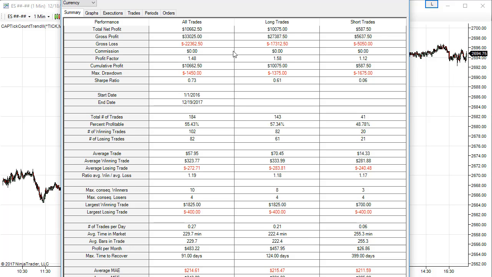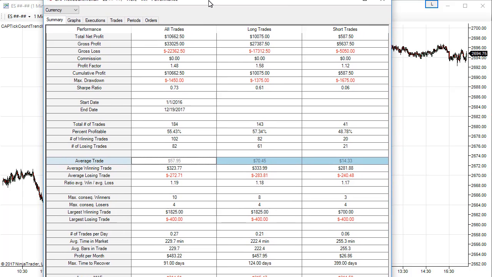So you see the results here, $57 average trade profit in NinjaTrader 7 since the beginning of 2016. Before 2016, when it was actually designed, it had less, and so sometimes you get scenarios where the walk forward performance is better if the market conditions move towards the strategy characteristics.